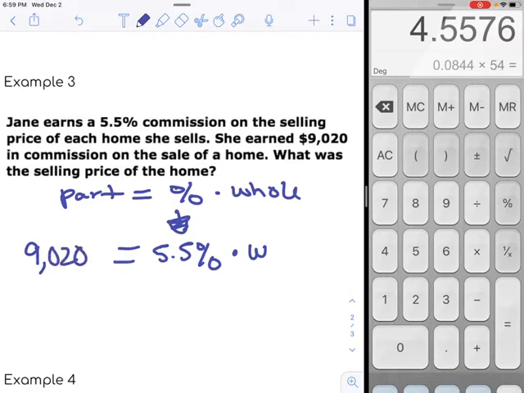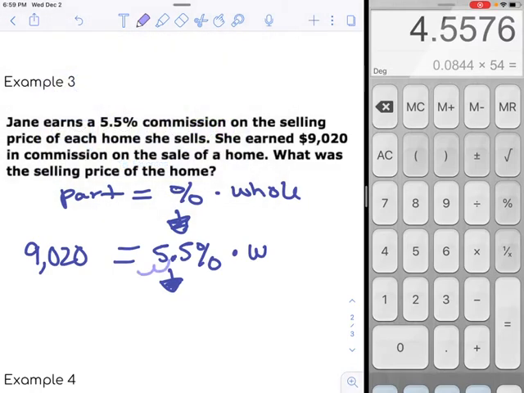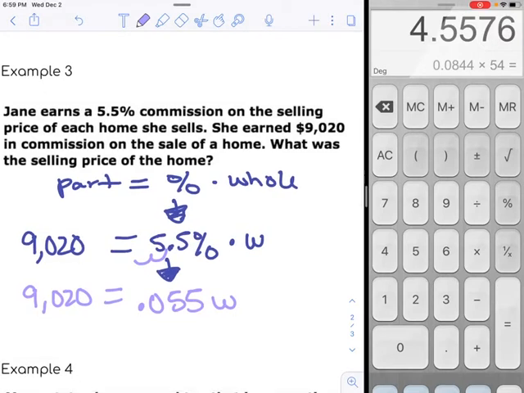First things first, I want to turn this percent into a decimal, which would be what? Remember, you can either divide by 100 or move it to the left 2 times. I would have 0.055 times W, my whole, which equals $9,020. Now, undo this multiplication by dividing.